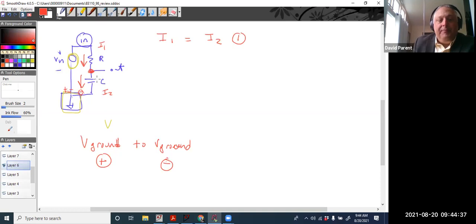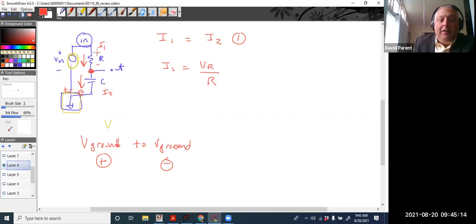Now, what is I1 equal to? Well, I1 equals VR divided by R. But what's VR? We can't use the device name. We're doing nodal analysis, so everything has to be in terms of the nodes in, out, and ground is just never shown.